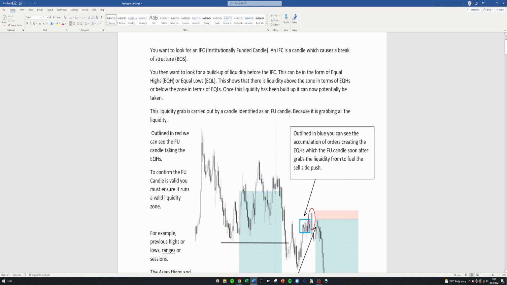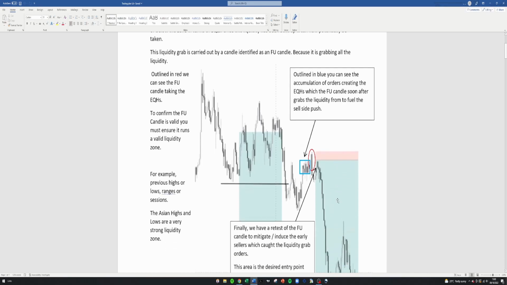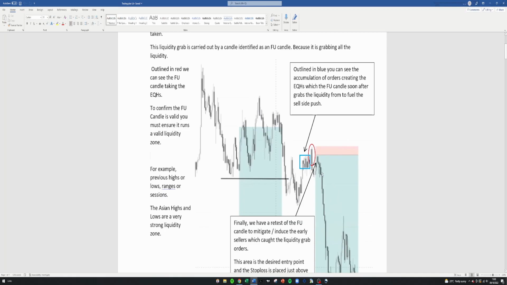They call it an FU candle because it's an FU to retail. As you can see here, outlined in blue, you can see the accumulation of orders creating the equal highs, which means there's buy side liquidity above them which can be taken. Normally buy side liquidity will be grabbed for a move down, and vice versa, sell side liquidity will be taken prior to a move up.